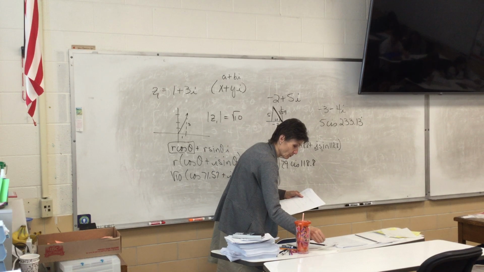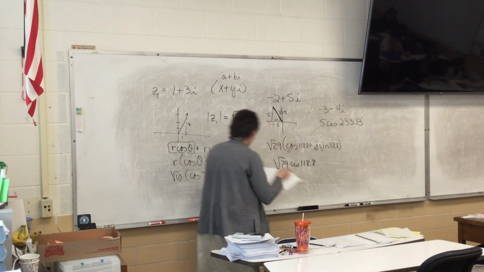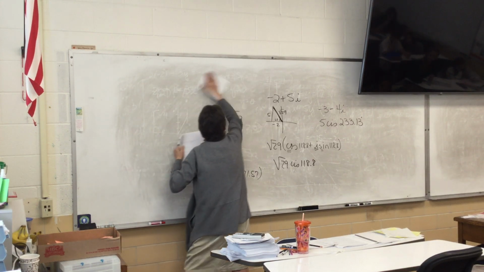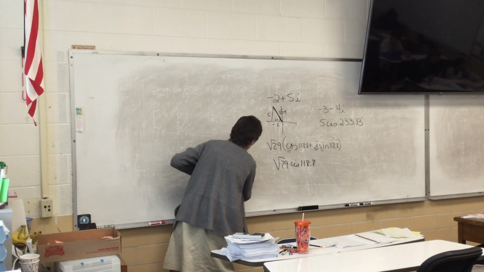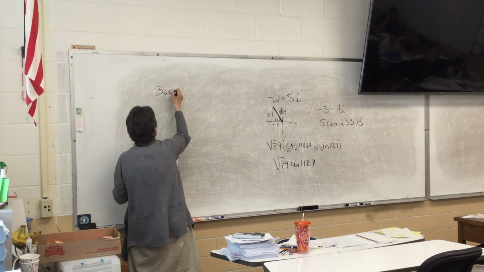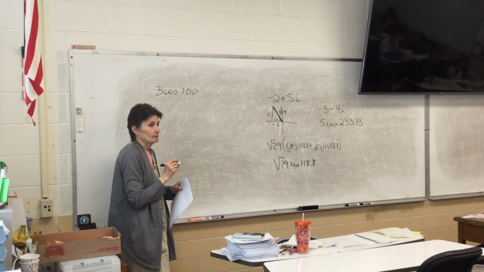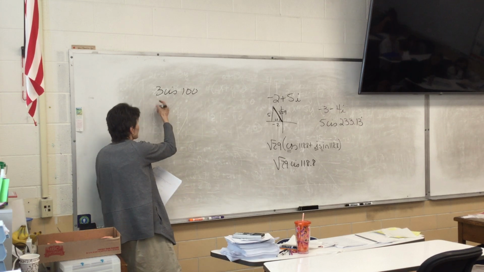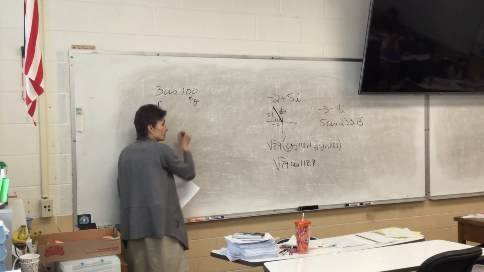Now we're going to convert 3 cosine 100 plus i sine 100 into rectangular, complex, or Cartesian form. Now remember, this is r, and this is theta, right?